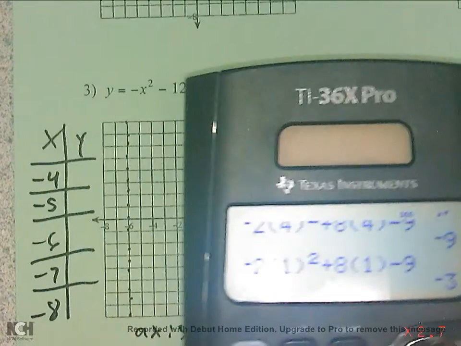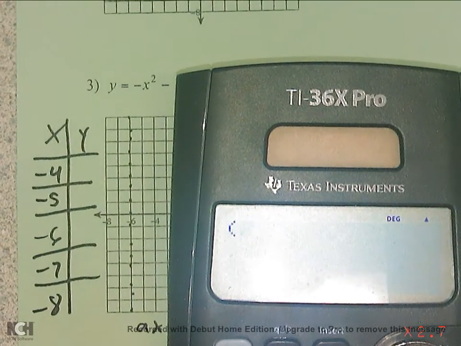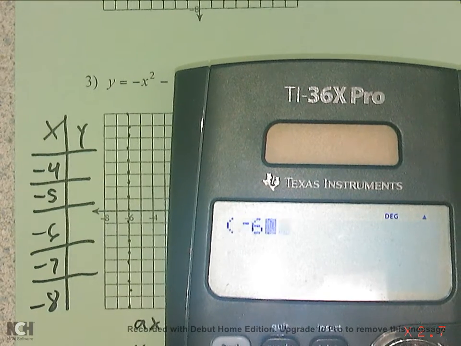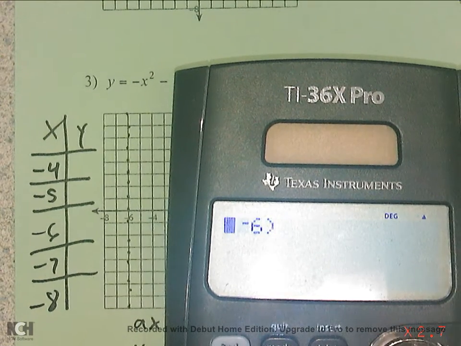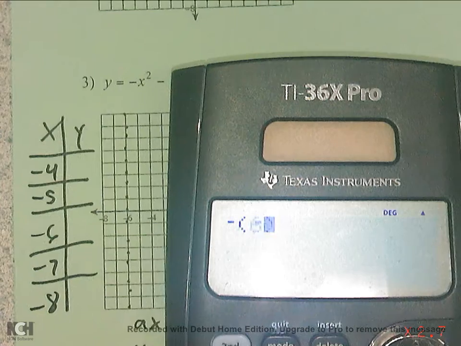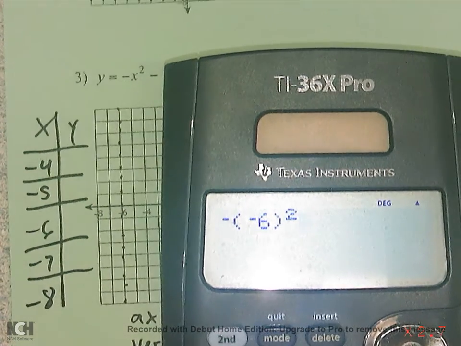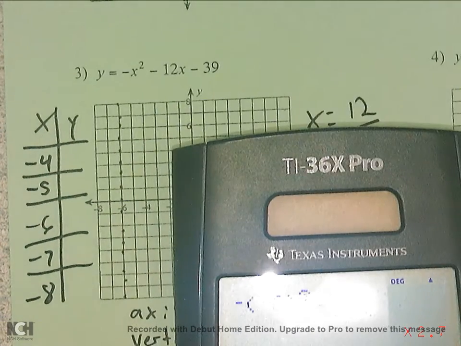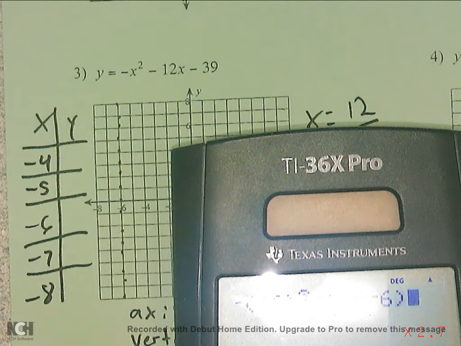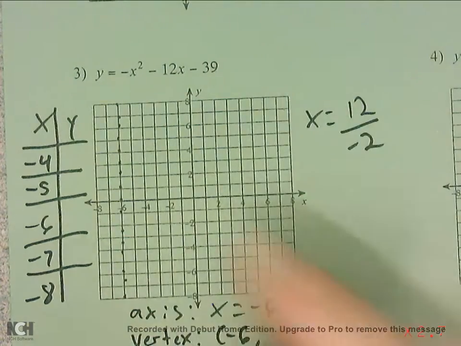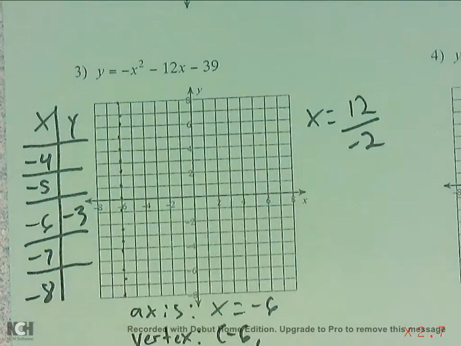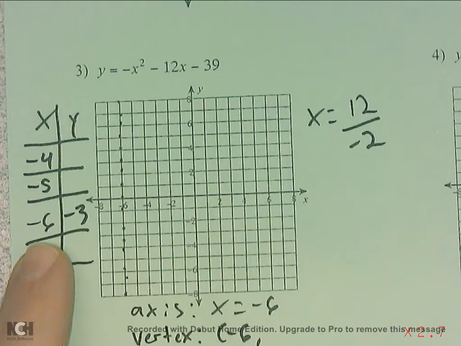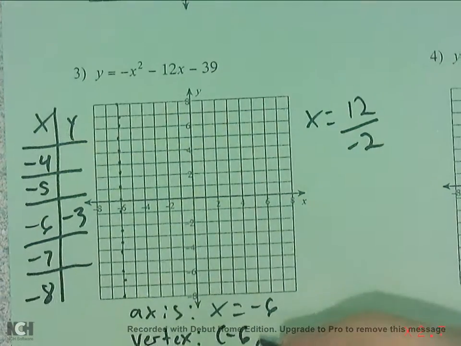And then when I plug it into my calculator, I have negative parentheses, negative 6, squared, minus 12 times negative 6, and then minus 39. Gives me negative 3. Okay, so when we're at the vertex, it's negative 6, negative 3.